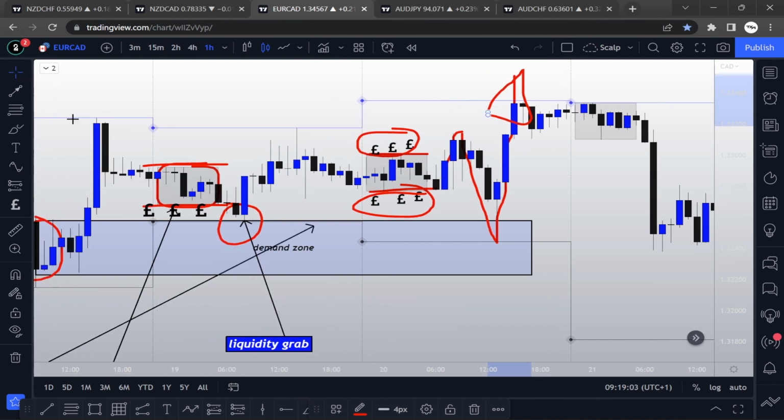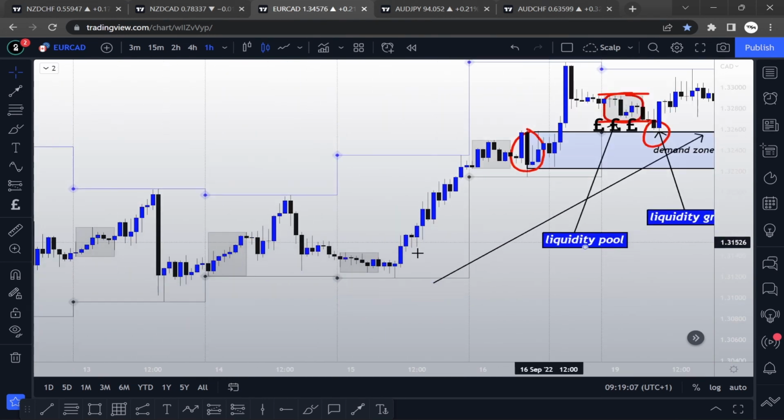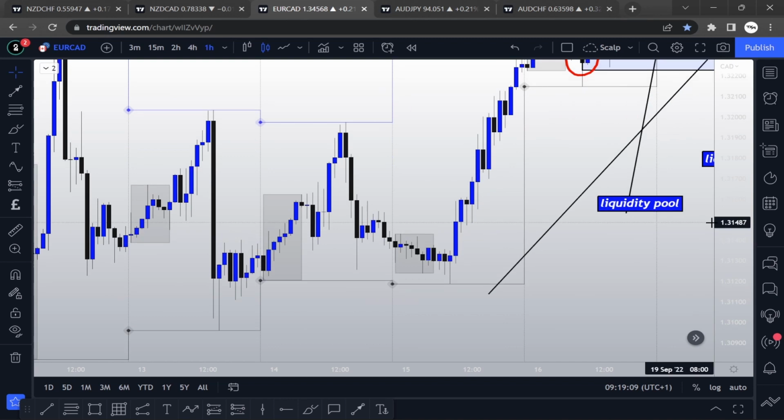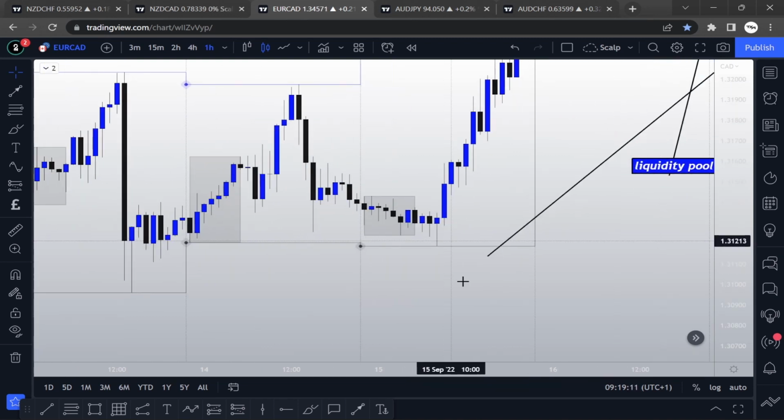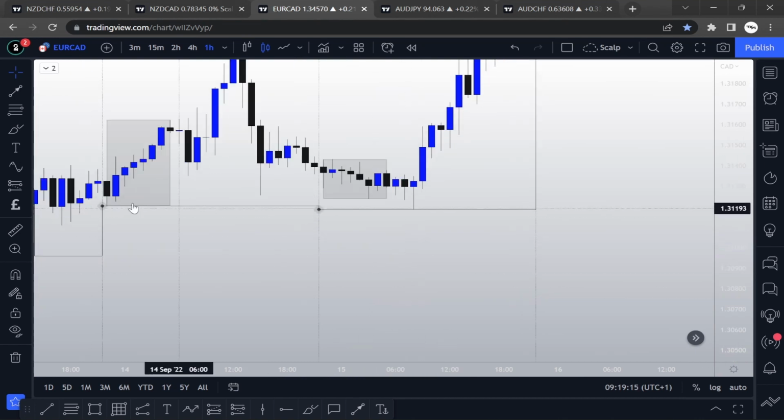And let's go to another example. This is a good one right here. It's clean. So once again, Asia session box right there.